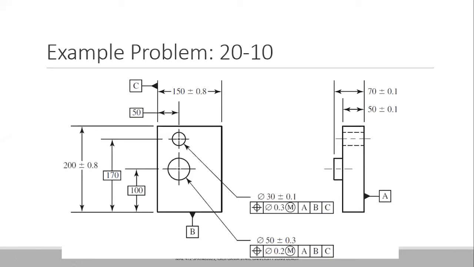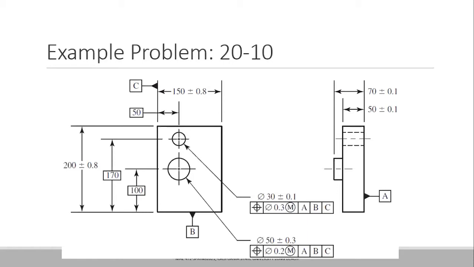Is there any symbol in here you think that affects the form of the cylinder? Talking about the M? M stands for maximum material condition. You are going in the right direction, but I am asking about the form of the cylinder.